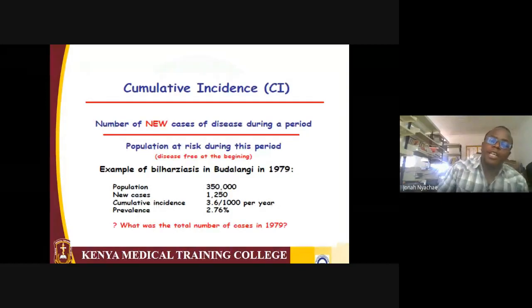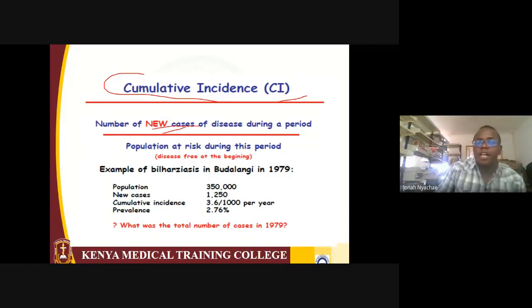So let us start with the cumulative incidence. Cumulative incidence is the number of new cases. Remember, it is incidence cases during a period over the population at risk during that period. For example, we have bilharzia in Budalangi in 1979.